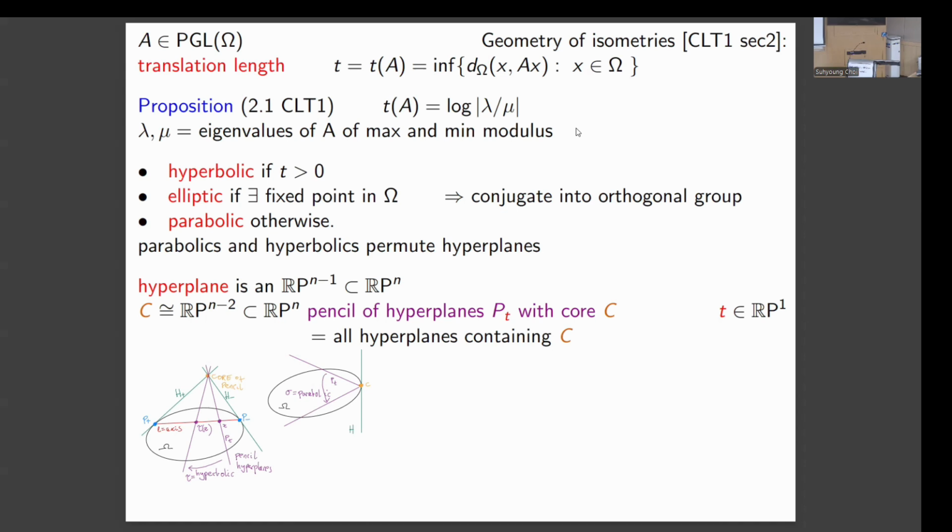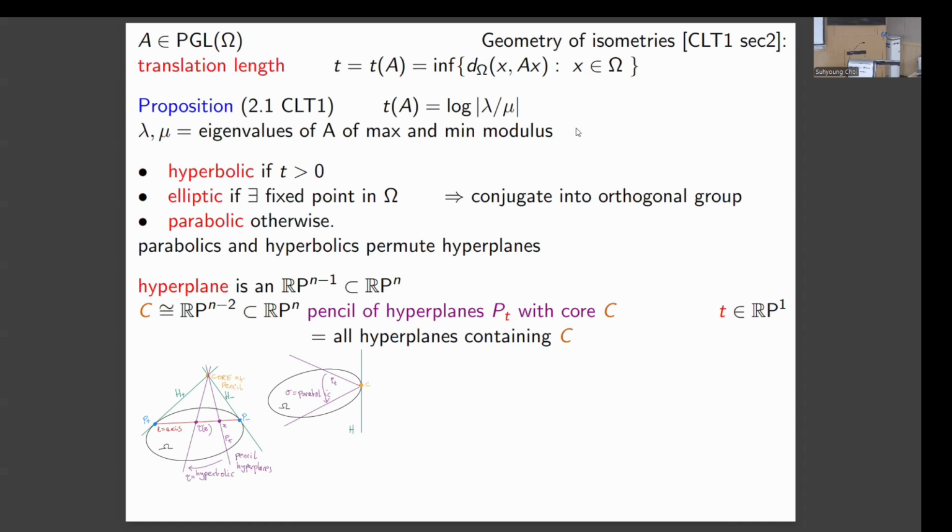This doesn't have to be strictly convex. You get these two hyperplanes, they're fixed. And what this map does is it sends hyperplanes to hyperplanes. So this hyperbolic is moving away from the repelling fixed point towards the attracting fixed point, and it's moving hyperplanes.